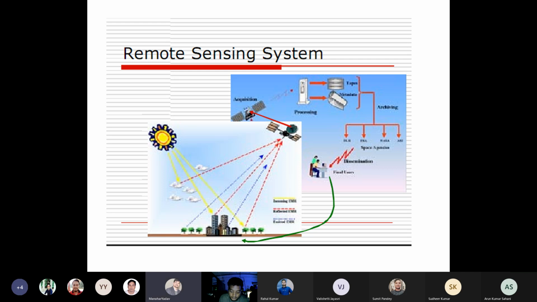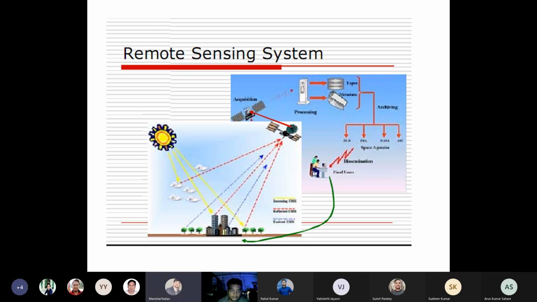When energy comes from the sun and enters the earth's atmosphere, that energy at different wavelengths also interacts with atmospheric particles, clouds, etc. The yellow lines indicate the energy coming from the sun. The red lines indicate the reflected energy component.